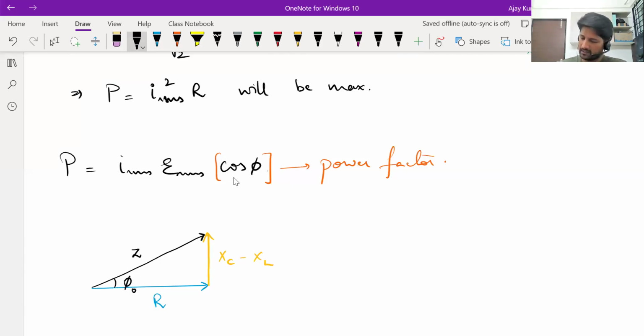Now from this triangle, one of you tell me, how much is cos phi naught? It's a right angle triangle. In a right angle triangle, how do you write cos of an angle?